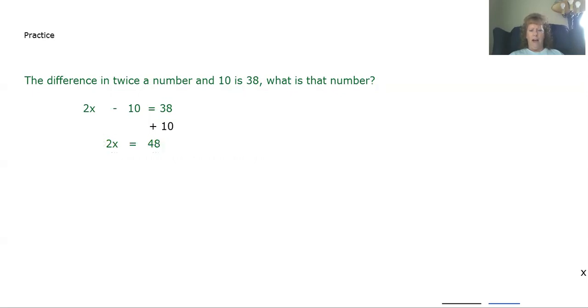And if I divide both sides by 2, then x will be by itself and it will equal 24.